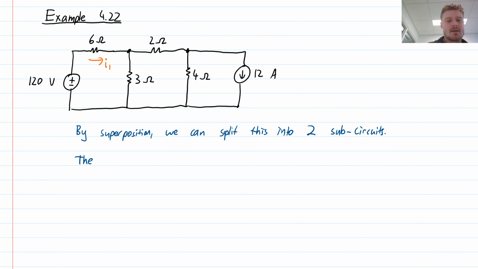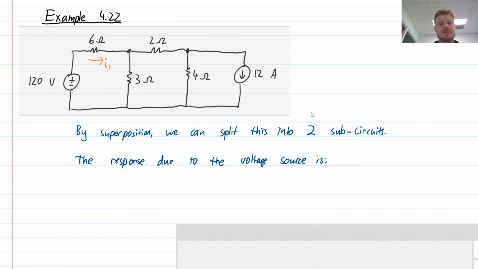So the response due to the voltage source is: I'm going to redraw the circuit, and I'm going to turn off all of the other independent sources.